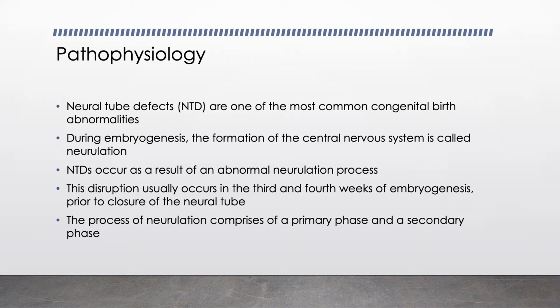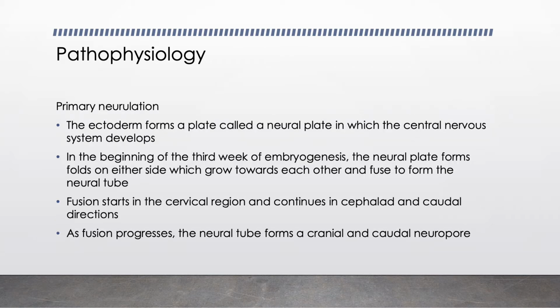The process of neurulation comprises a primary phase and a secondary phase. In primary neurulation, the ectoderm forms a plate, which is called the neural plate, in which the central nervous system develops. In the beginning of the 3rd week of embryogenesis, the neural plate forms folds on either side, which grow upwards towards each other and fuse to form a neural tube.